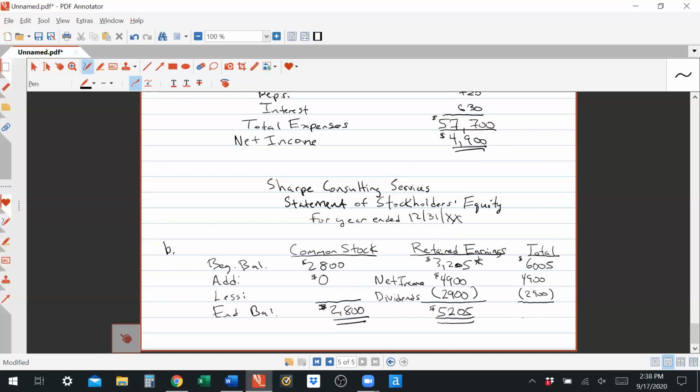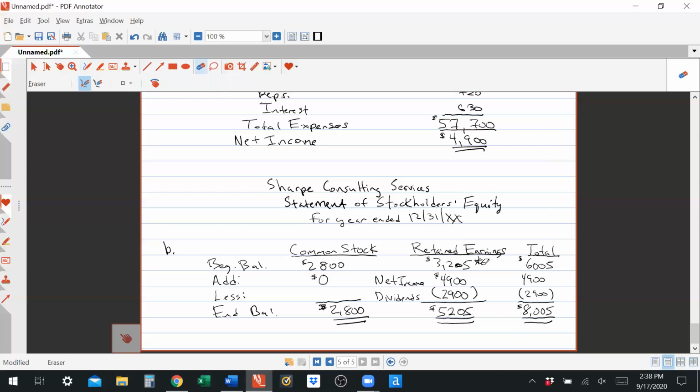So at the end, I should have 2,800 plus 5205, 8,005. So this 8,005 is the total stockholders' equity as of the end of the year. So there's our statement of stockholders' equity.